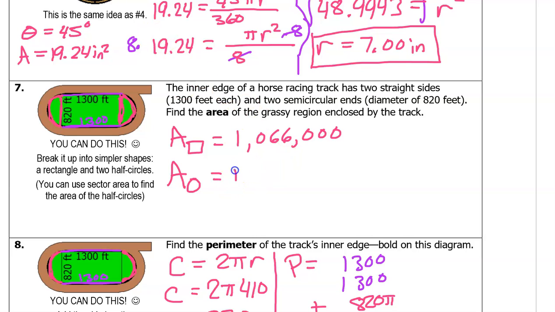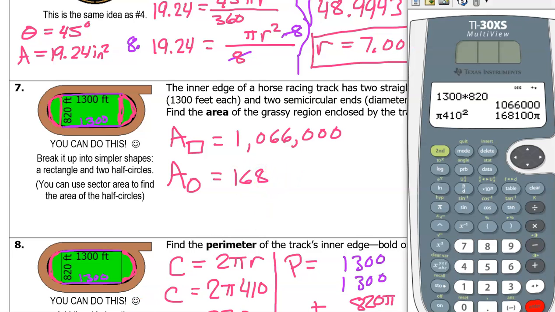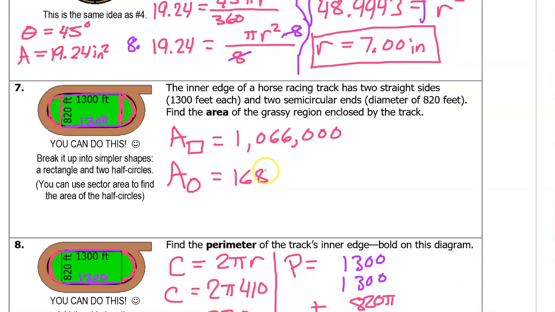So I've got 168,100 pi. So I've got the area of the rectangle and the area of the circle made up of the two semicircles. If I add those together, that's going to be the area of the shaded region.